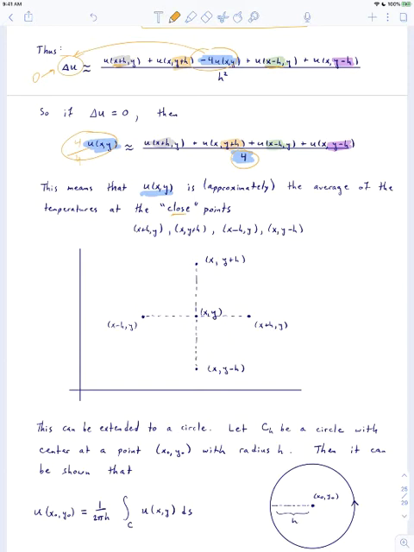So look at what these are actually saying to us. We're computing u at x comma y, and so we're looking at u evaluated at the point x plus h comma y, which is this one, x comma y plus h, which is that one, where then we're adding in u at x minus h comma y, which is that point, and u at x comma y minus h, which is that point.